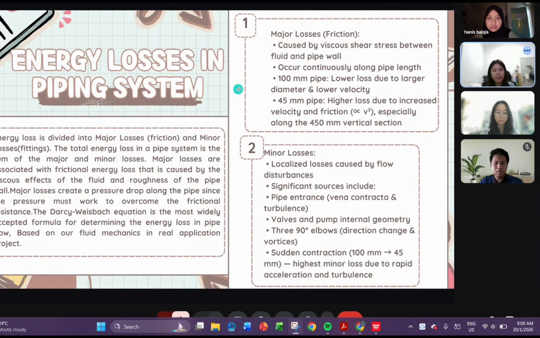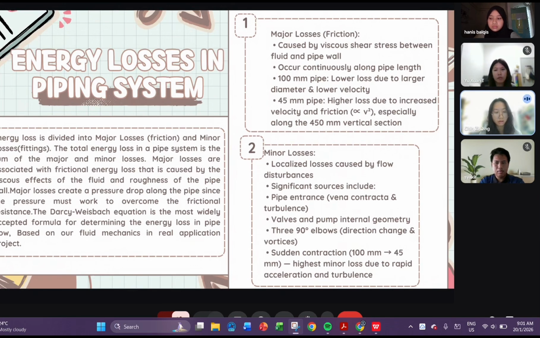So next. Energy losses in piping system. Energy loss is divided into major losses, friction, and minor losses, fittings. The total energy loss in a pipe system is the sum of major and minor losses. Major losses are associated with frictional energy loss that's caused by the viscous effect of the fluid and roughness of the pipe wall.